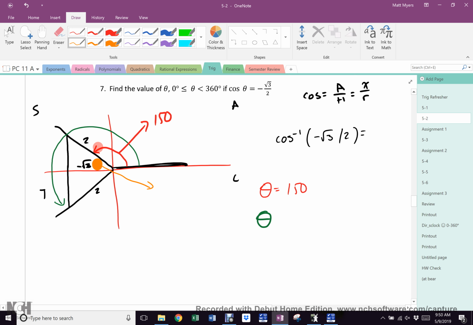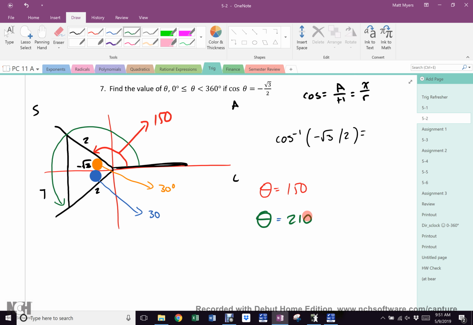What, Liam? 30. If orange theta is 30, what's blue theta? 30. If blue theta is 30, what then is green theta? 210. Can everybody work in the circle?